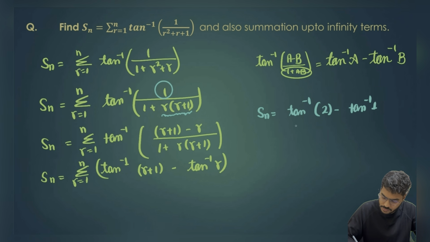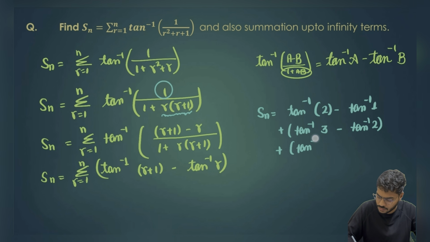Put r as 2. What is the next term I will get? The next term I will get as tan inverse (2 plus 1), which is 3, minus tan inverse 2. Again the next term, put r as 3, tan inverse 4 minus tan inverse 3. Put the last term. What is the last term I will get?